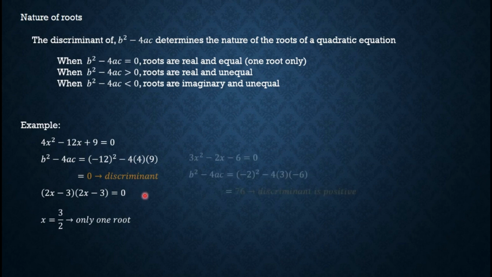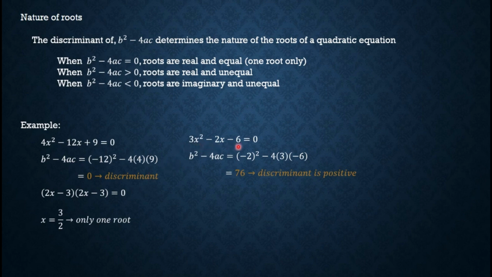Another example: 3x squared minus 2x minus 6 is equal to 0. We use the formula b squared minus 4ac, which is the quantity of negative 2 to the power 2 minus 4 times 3 times negative 6. So the answer is 76. The discriminant is positive, which means the roots are real and unequal.